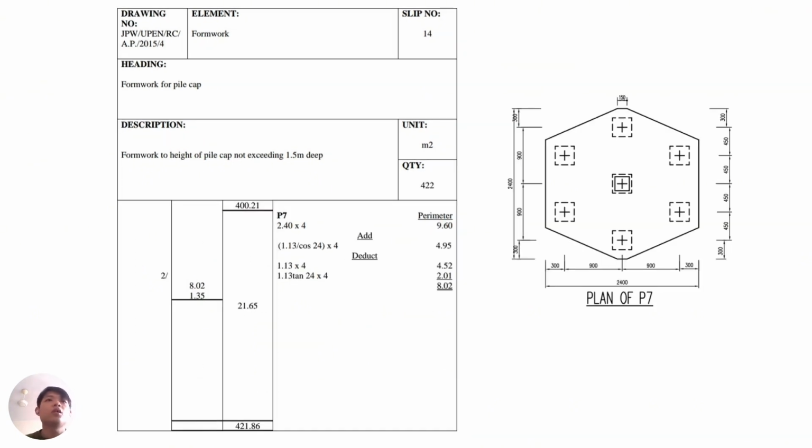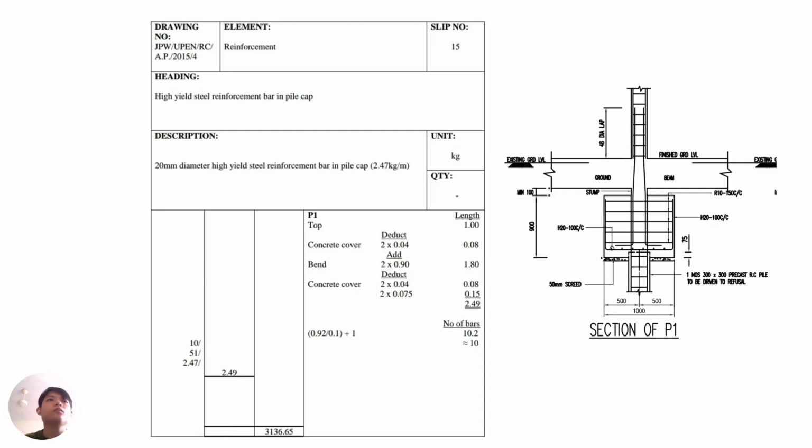For P7 it is the same as P3. The total perimeter of P7 we get is 8.02, then times the height of the pile cap, which is 1.35, then multiply by 2, and we get 31.65. So the total summation for P1 until P7 will be 432 meters squared.